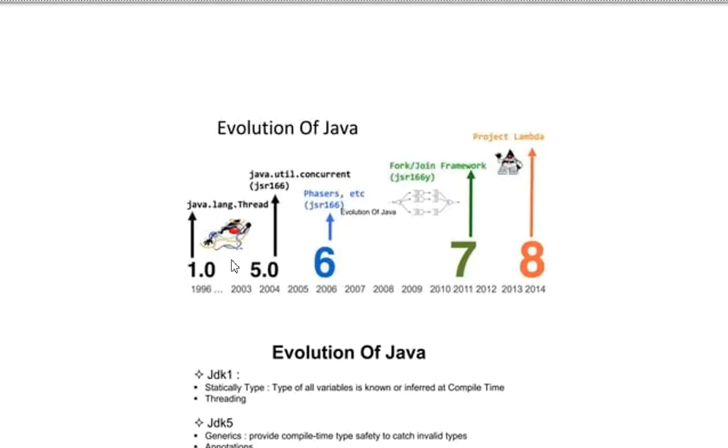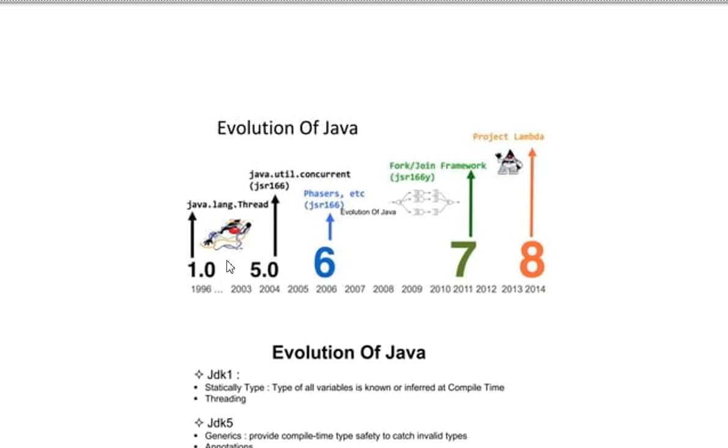If you look at the evolution of Java, from Java 1 to Java 8, these are the changes. Java 1 had thread features, then Java 5 introduced concurrent and generics, Java 6 some features, and Java 7 the fork join framework.